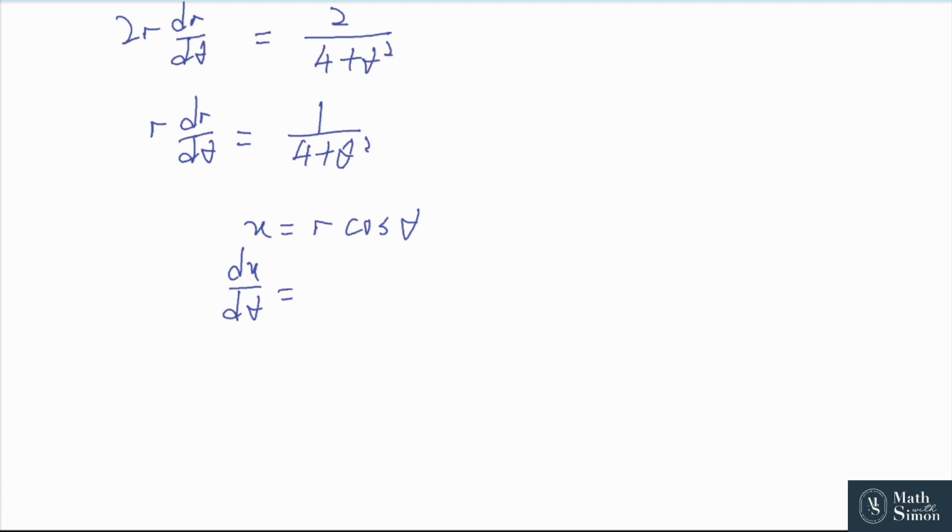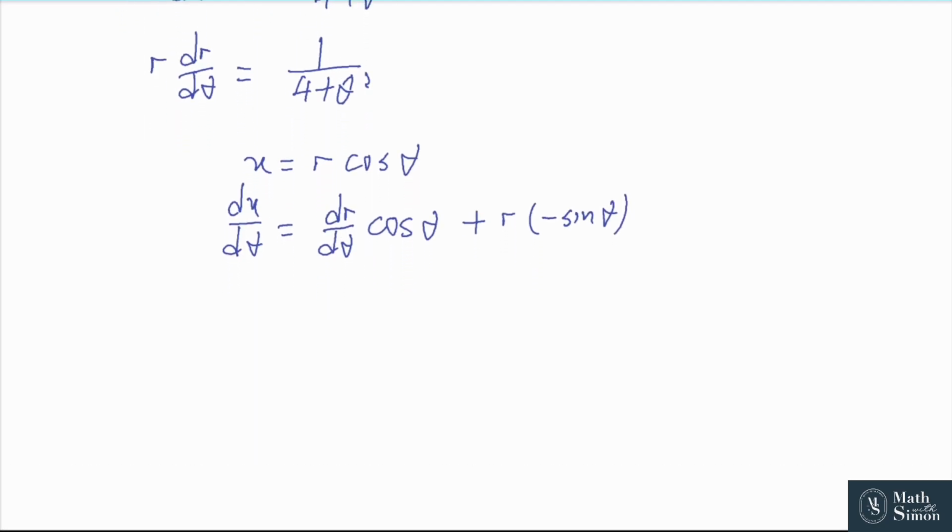We differentiate r, which gives dr d theta, fix the cos theta, plus r, and then we differentiate the cos theta, which gives minus sine theta. So finally we have dr d theta cos theta minus r sine theta.